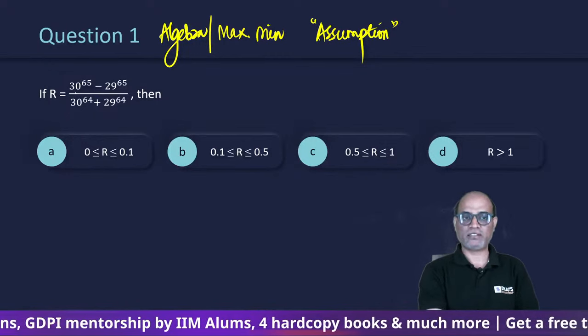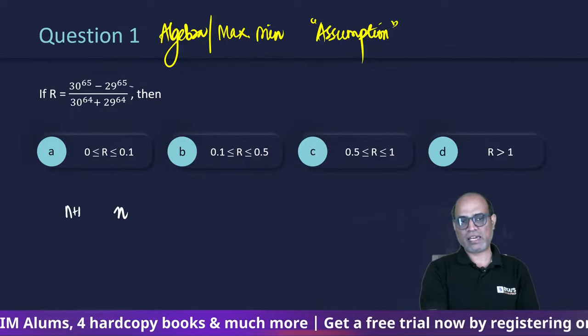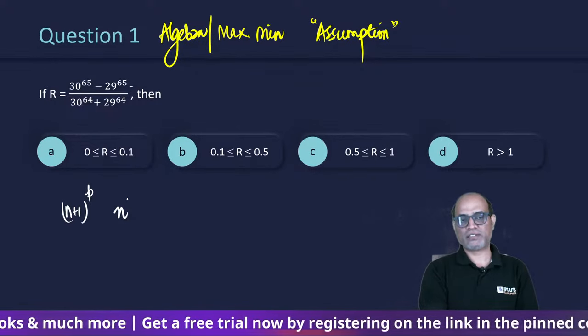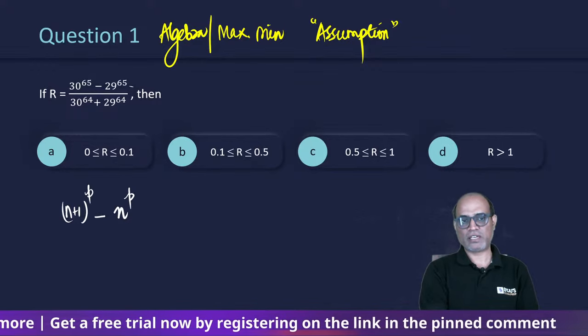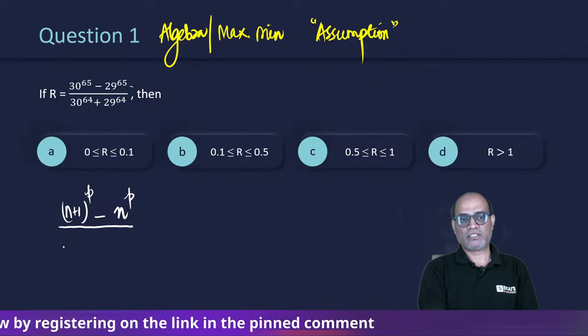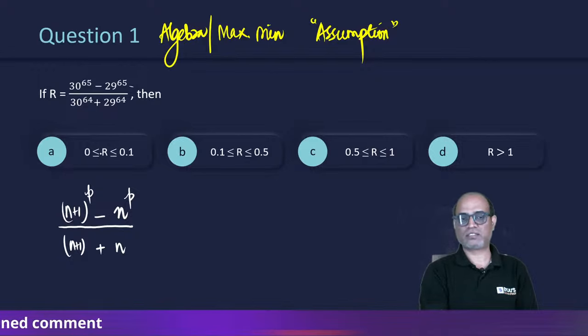The pattern is, if I consider 29 as n, then 30 will be n plus 1. If I take the power as p here, this is a minus. So I'm kind of generalizing it. The denominator again has n plus 1 and n, but there is a plus sign and the power is 1 less. So I'll take these to be p and these to be p plus 1.